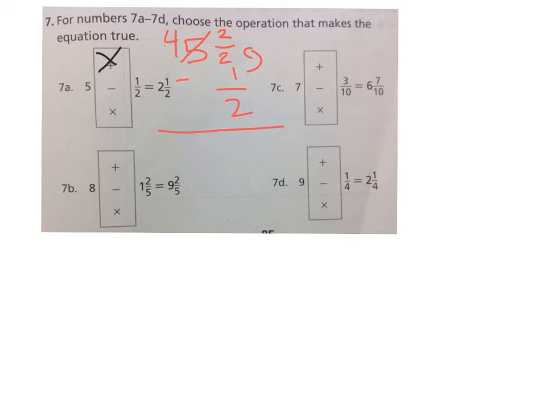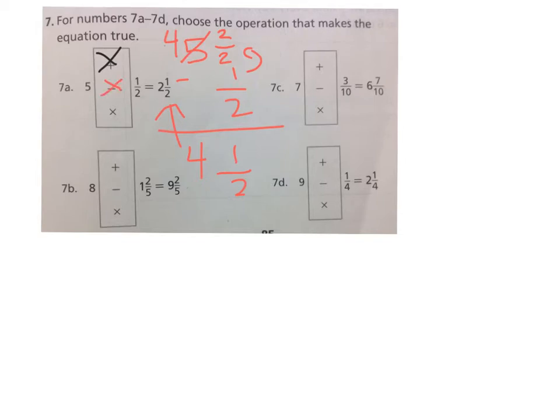So 2 minus 1 is 1 over 2, and then 4 minus 0 is 4. That's too big for the answer, so I know that I'm going to cross out subtraction.